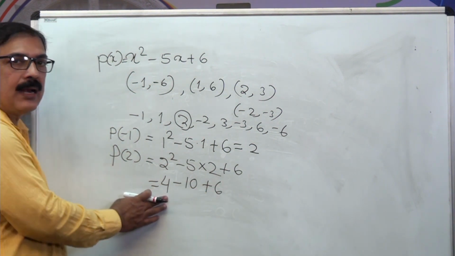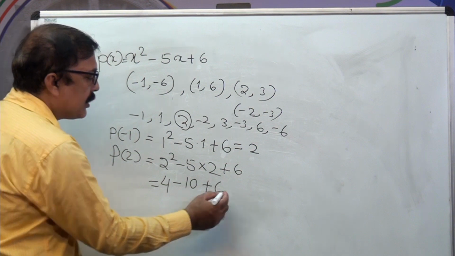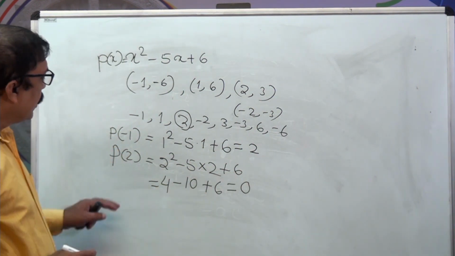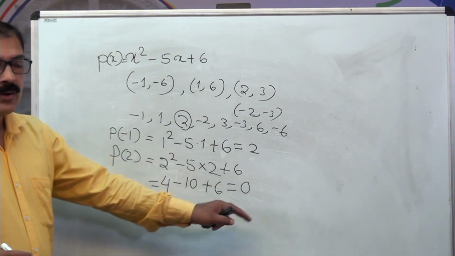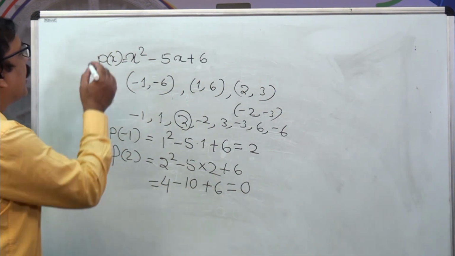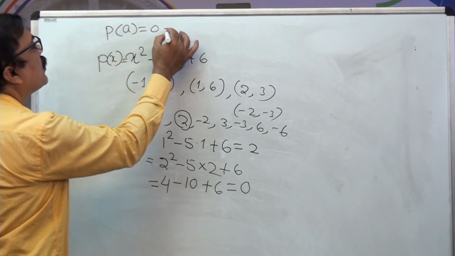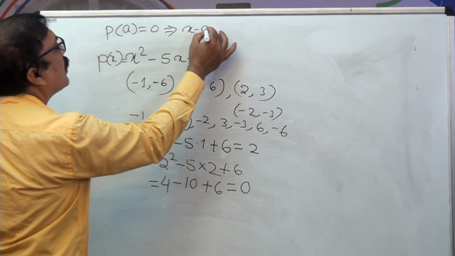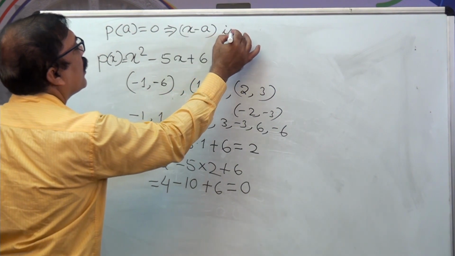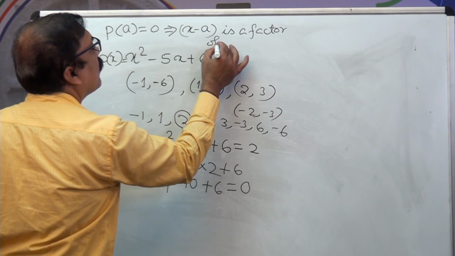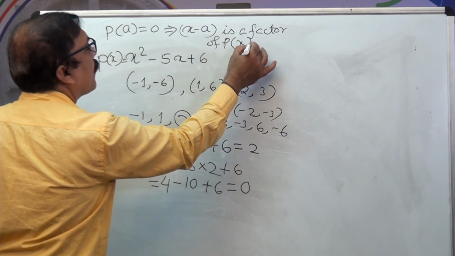So this clearly indicates that the value is 0. So P(2) is 0. We know that if P(a) equals 0, this implies x minus a is a factor of P(x).